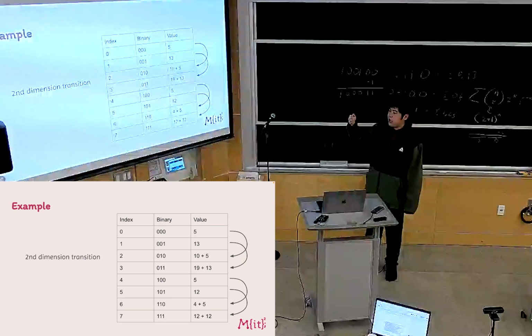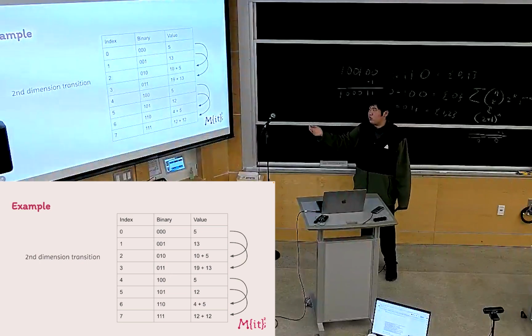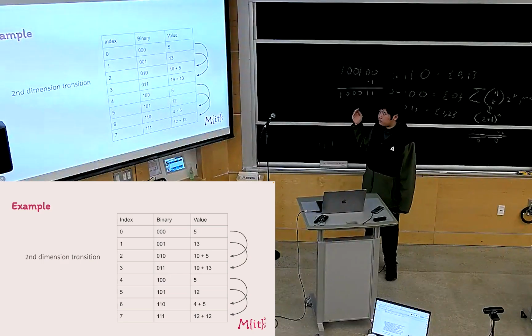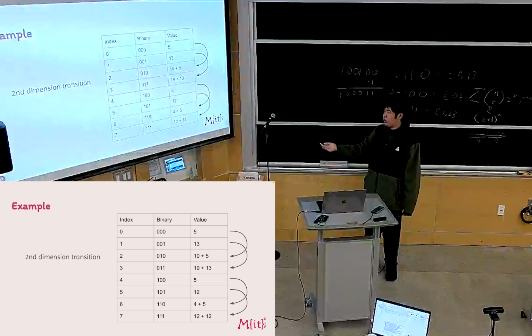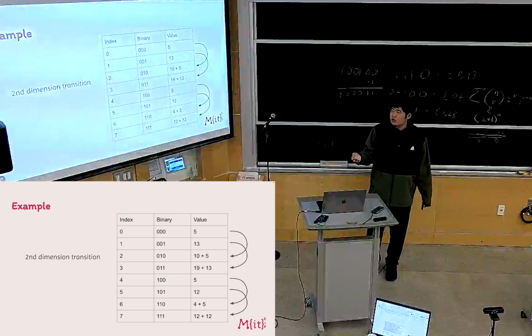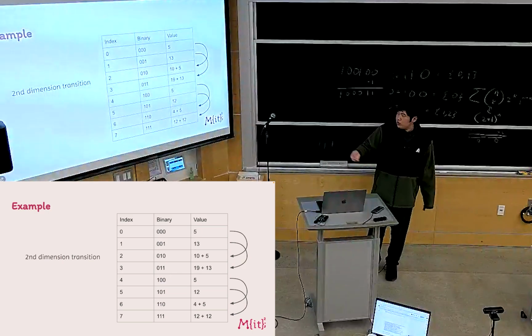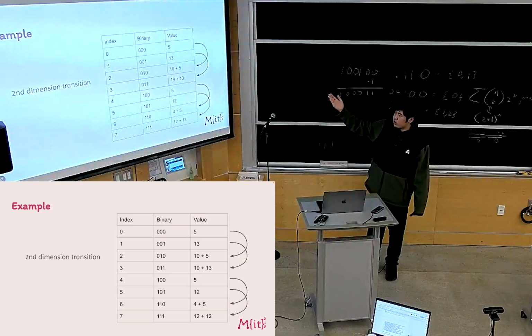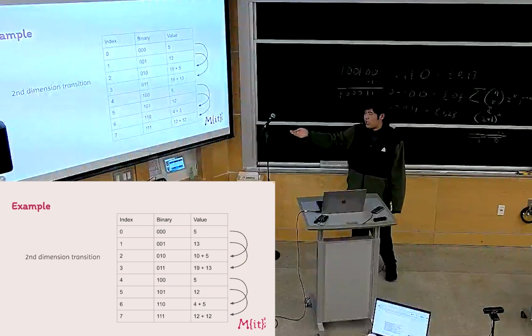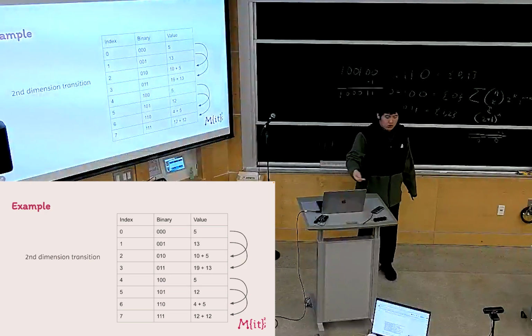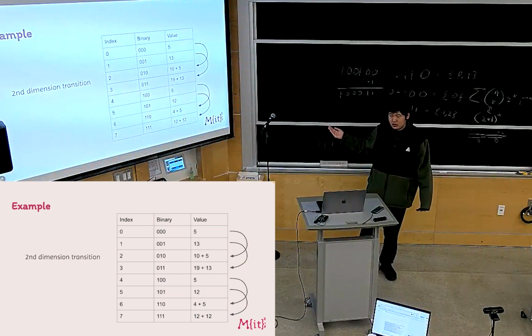So we'd now set the value of 2 to be 10 plus 5, which is equal to 15. Or we'd set the new value of 3 to be 19 plus 13, and so on and so forth. And we do all the transitions, and the values that we change are exactly the values that have the second bit on. Does this make sense?